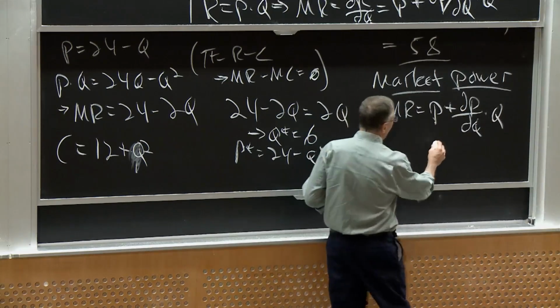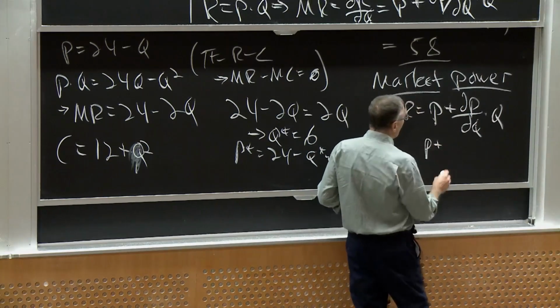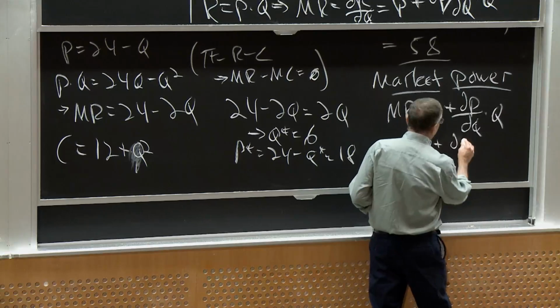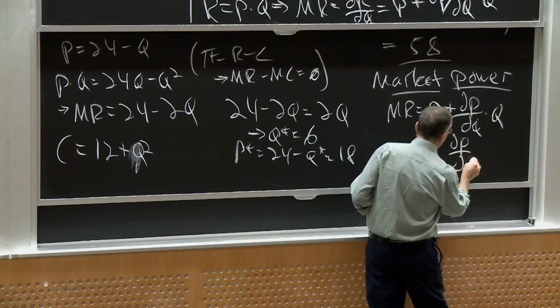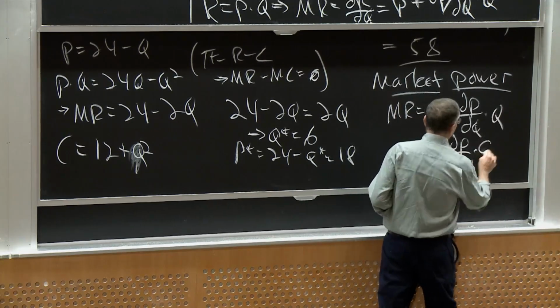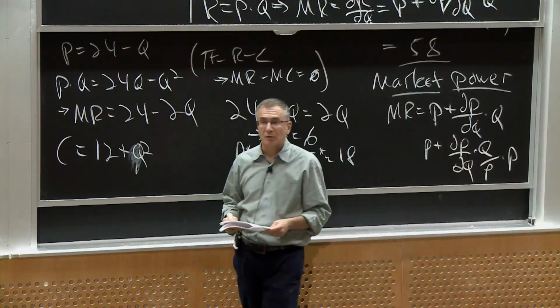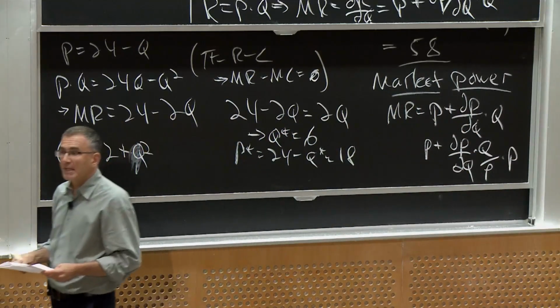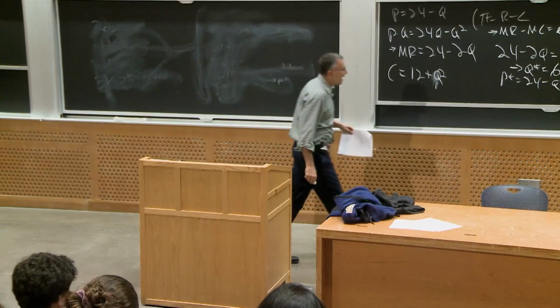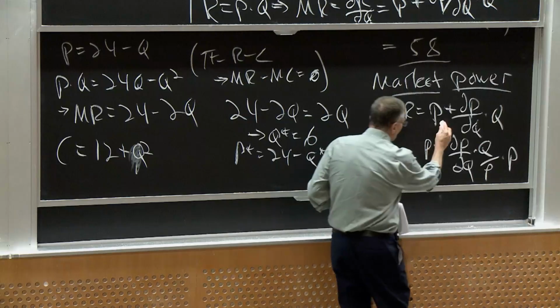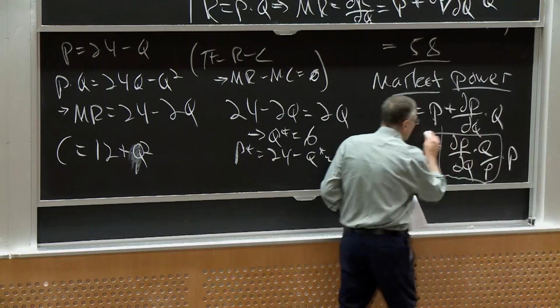So I want to rewrite it as P plus (dP/dQ times Q over P) times P. I just multiplied and divided by price. That's all I did. Can anyone tell me what this term looks like?